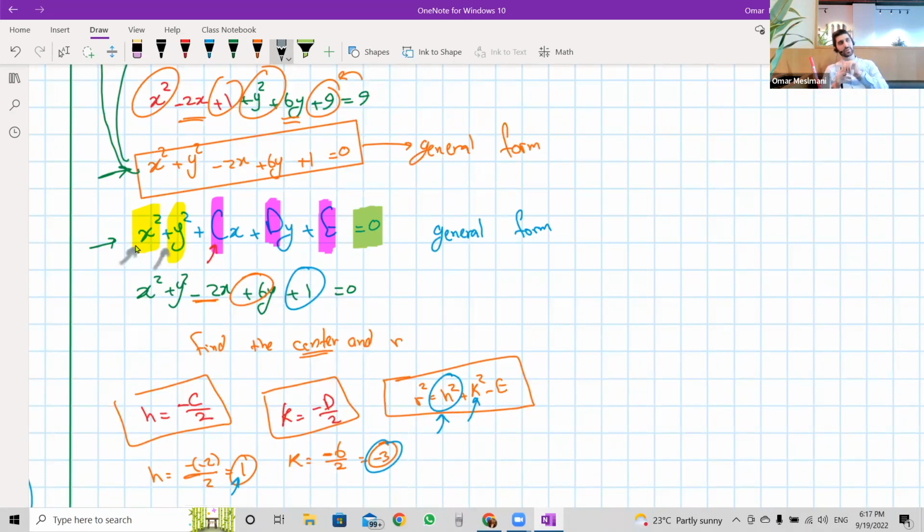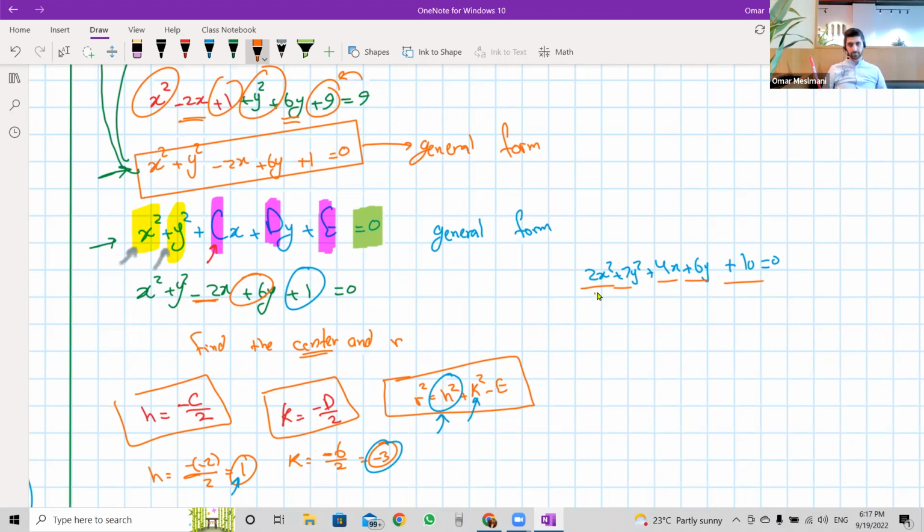Sometimes they will give it to you with coefficients, like 2x squared plus 2y squared plus 4x plus 6y plus 10 equals 0. Do I have x squared and y squared with no coefficient? No. So I have to divide every term by 2, and then you can go on and resume.